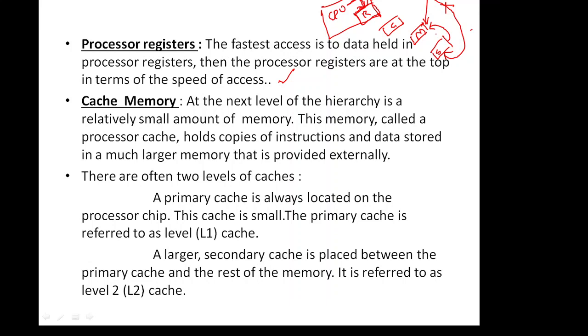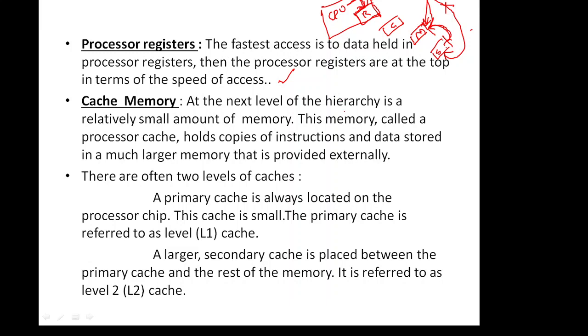If the instruction we are fetching is not in the main memory, the operating system will take that particular instruction from the secondary memory to the main memory, so that the CPU will take that instruction from the main memory. That's it. But the CPU can't contact the secondary memory directly. So that is the thing.